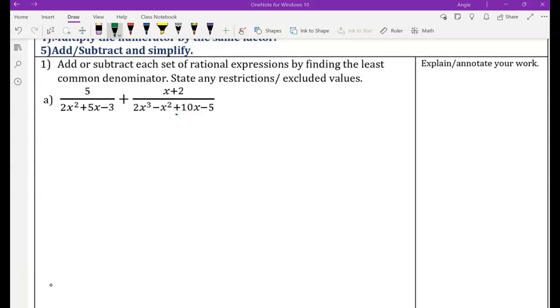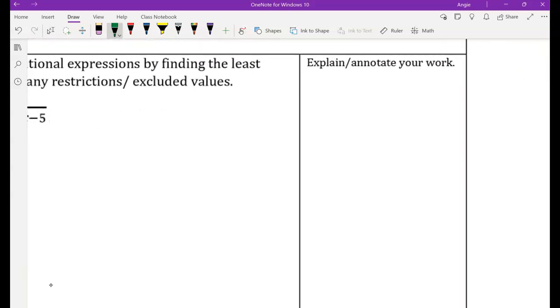Now, before I go and do this really difficult problem, I do want to review some basic math with you guys. Let's say I have 5 over 27 plus 1 over 9.